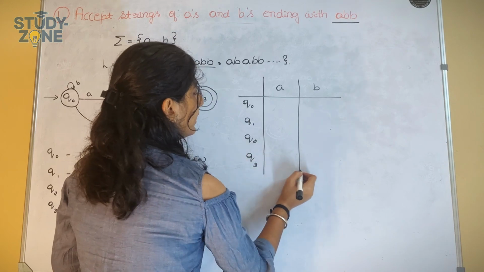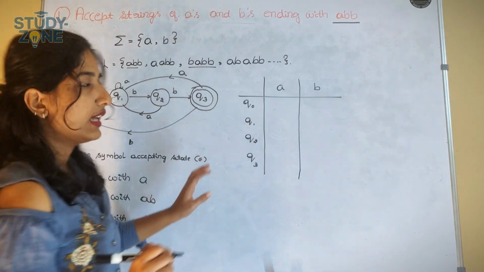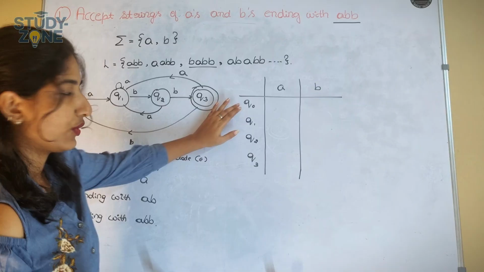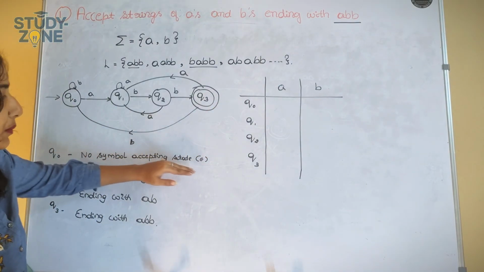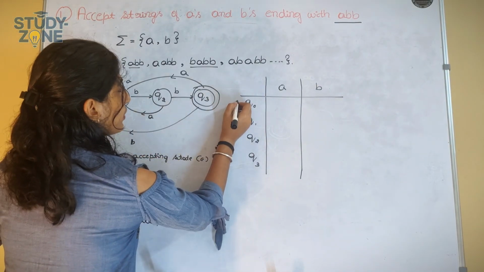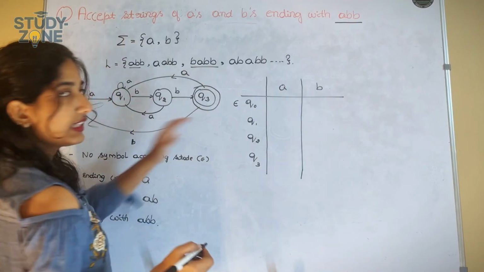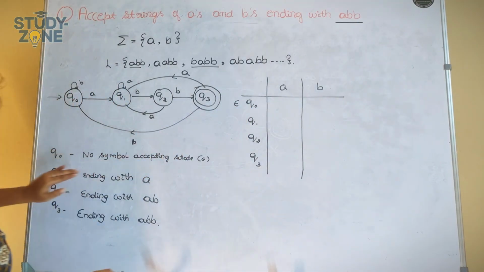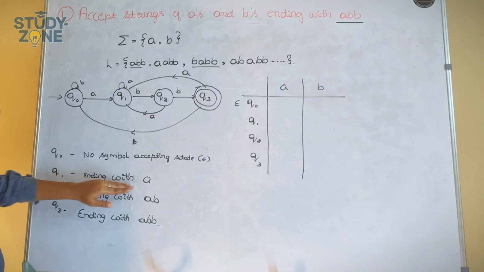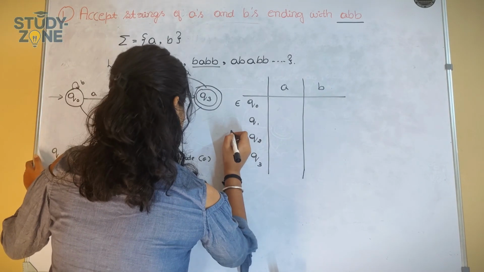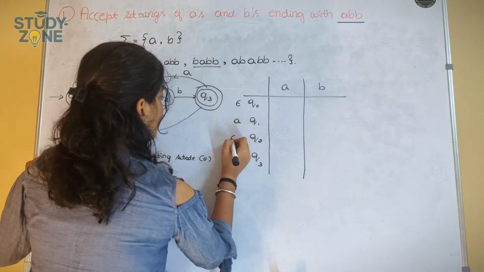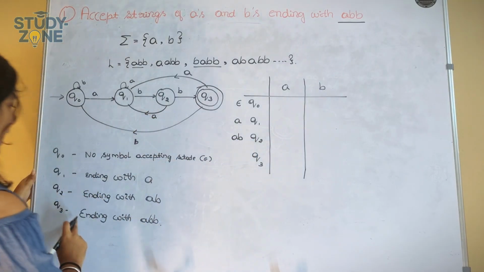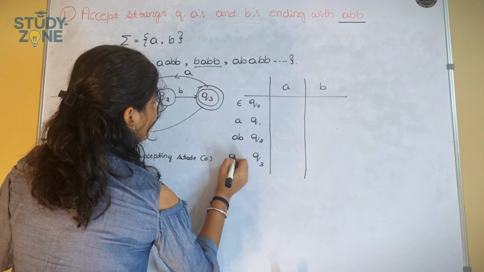So here is the important thing: at the state Q0, this is a no symbol accepting state, which means we have to write epsilon, and then in the state Q1 we have ending with A, so we have to write A, and then we have to write A, B, and then we have A, B, B.